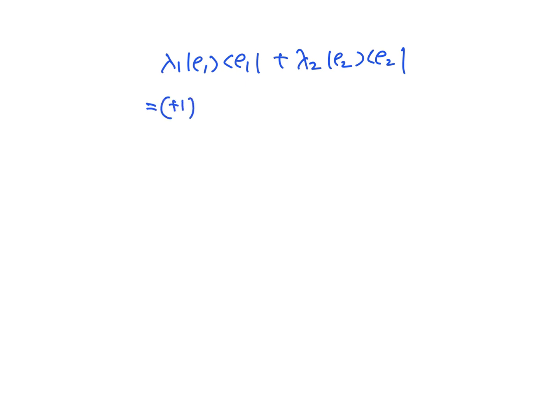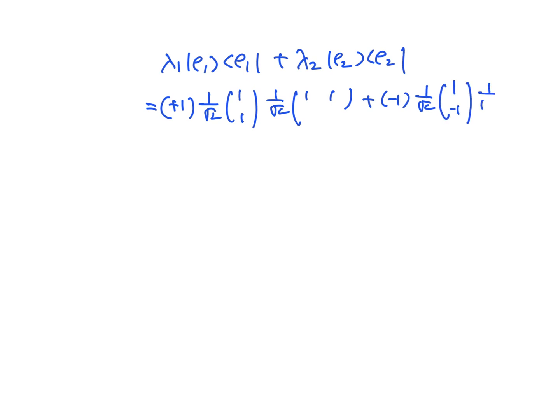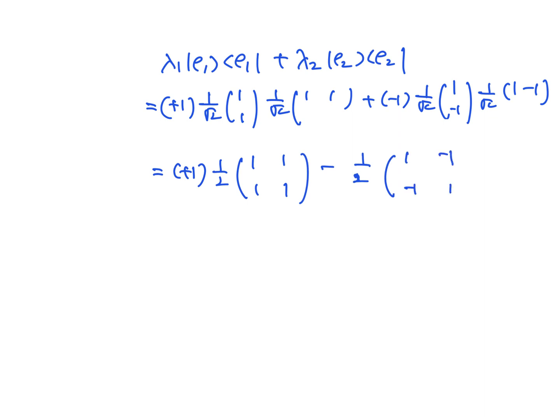Plus 1 times 1 over square root of 2 [1, 1] times 1 over square root of 2 [1, 1], plus minus 1 times 1 over square root of 2 [1, -1] times 1 over square root of 2 [1, -1]. That is 1 over 2 [1, 1; 1, 1] minus 1 over 2 [1, -1; -1, 1].